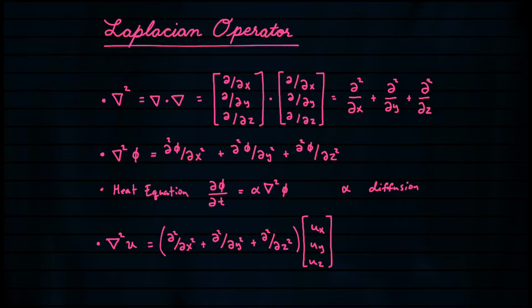If we were to calculate this out, we'll do the first element. So we'll have the second derivative of ux with respect to x, and then we'll take the second derivative of ux with respect to y.